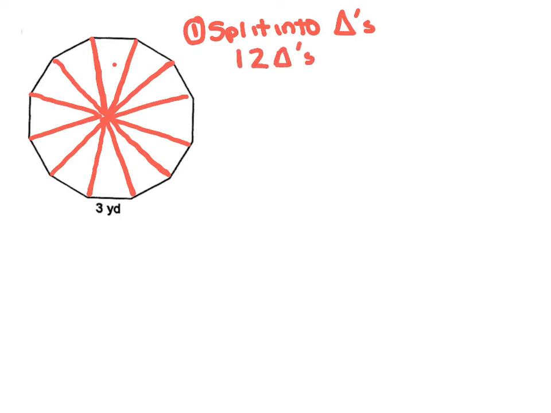Now if I figure out what each of these central angles are, since this is a regular polygon split up, all of these interior angles are congruent. And we know that all the angles around a point are 360.